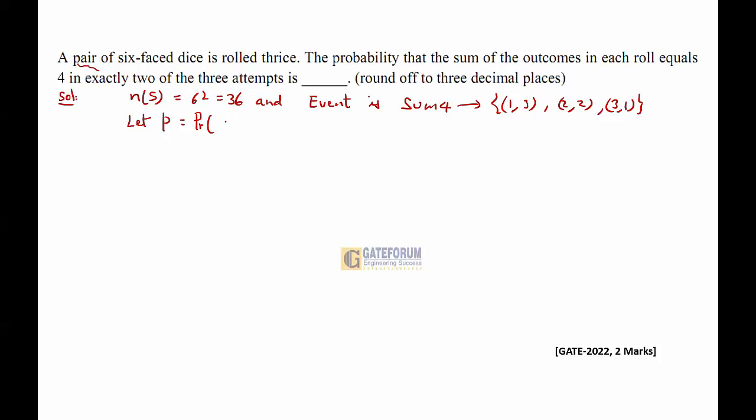Let P be the probability of getting sum 4 in any roll of a pair of dice, that is first time, second time, third time.